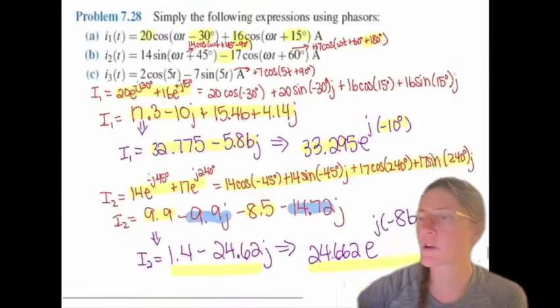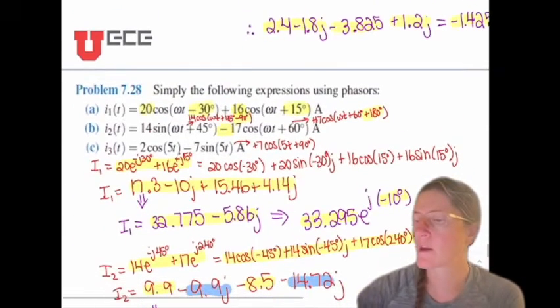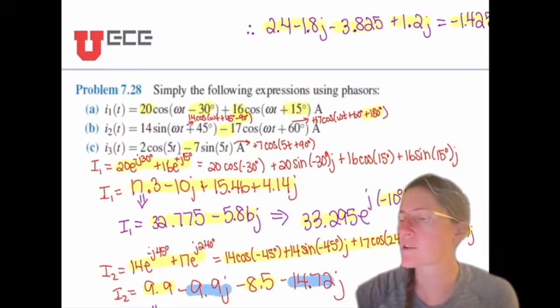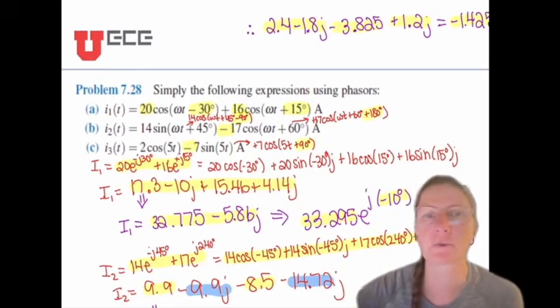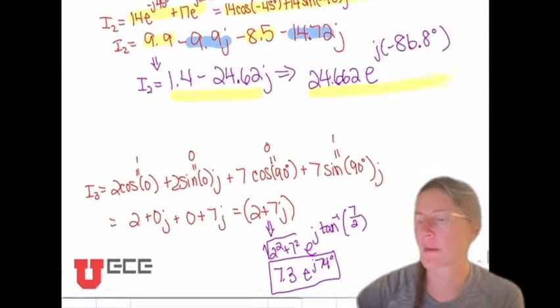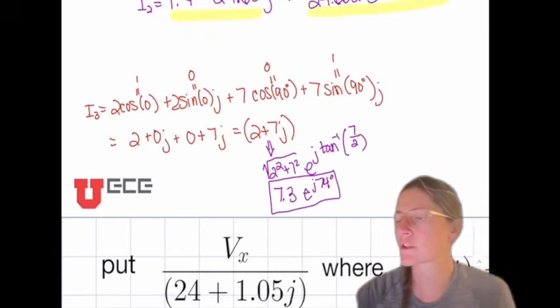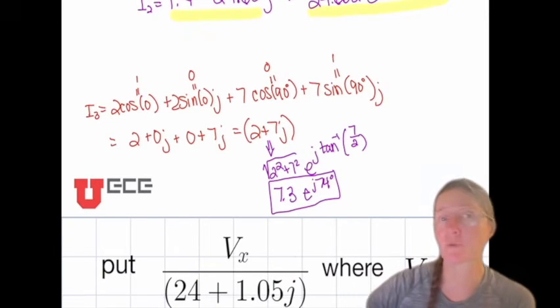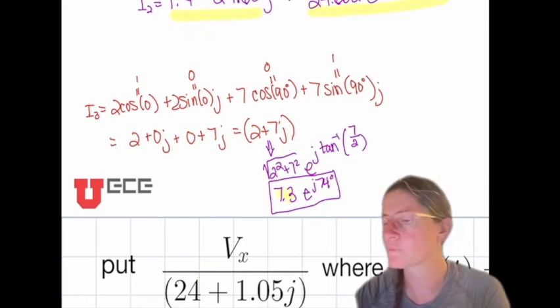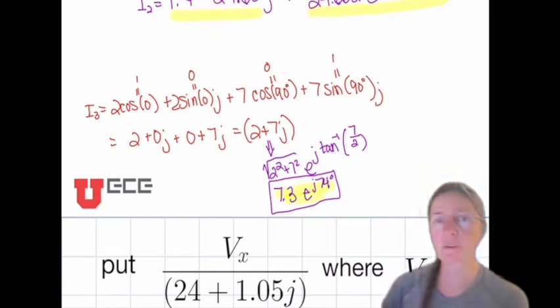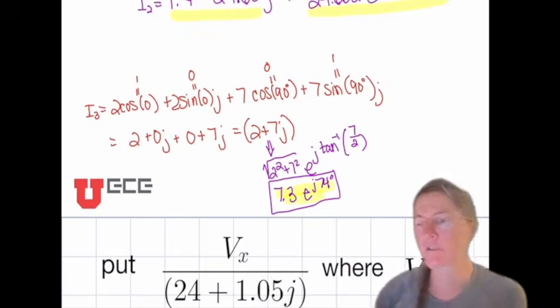And the last one, you have again a minus sign here, so you have a plus 90 for this one. And then when you convert it to rectangular form and then back into the polar form, you end up with 7.3e^(j74 degrees).